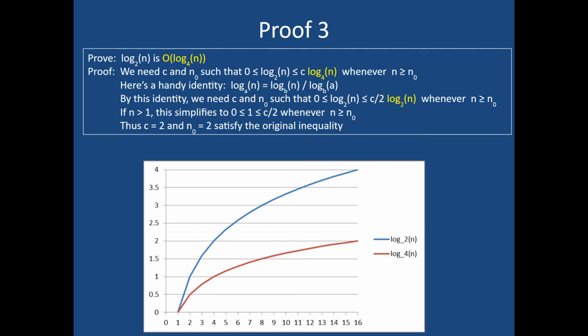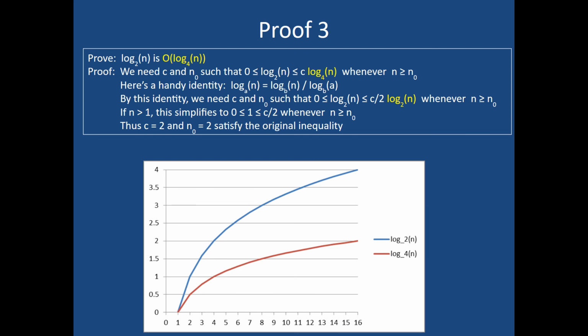So part of our obligation is to show that we can pick an n naught such that our functions are always positive. So we need to make n naught at least 1. Okay, what do we multiply by? Turns out you multiply by log base 2 of 4.